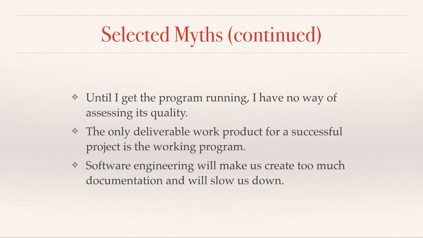And they would also argue that the wrong type of process certainly can make you produce too much documentation and certainly can slow you down. In fact, every time I've taught this class in a face-to-face environment, I always get moans on this last so-called myth from students who have developed software and who have been in a position where they were forced to create what they considered to be way too much documentation.